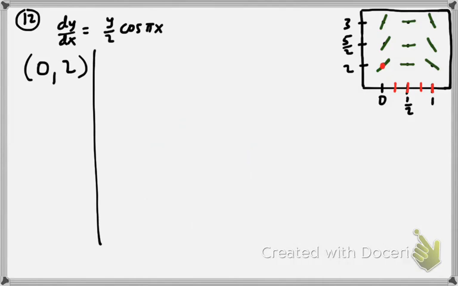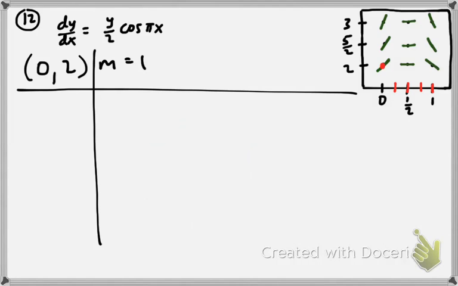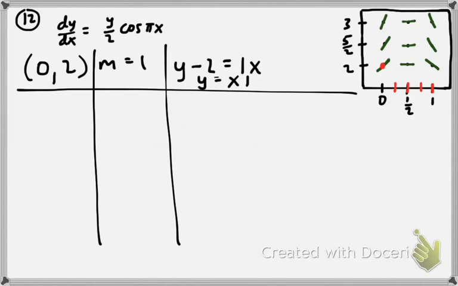And then what's our slope? Our slope is 1, and then our new y minus y1 is equal to slope times x minus x1, and our new y is equal to x plus 2.